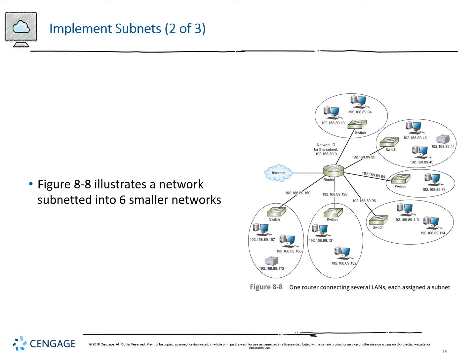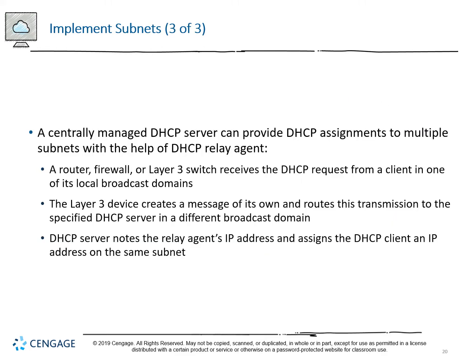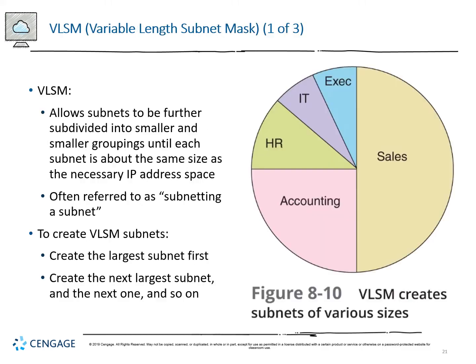So we were able to do 6 networks with the same division that we used for 3. By using a centralized DHCP server, usually from our first router, our primary default gateway, we can actually use a DHCP relay agent to make sure that every subnet assigns IP addresses efficiently.